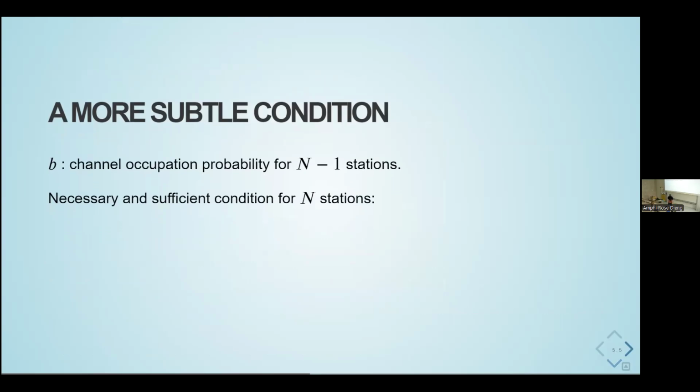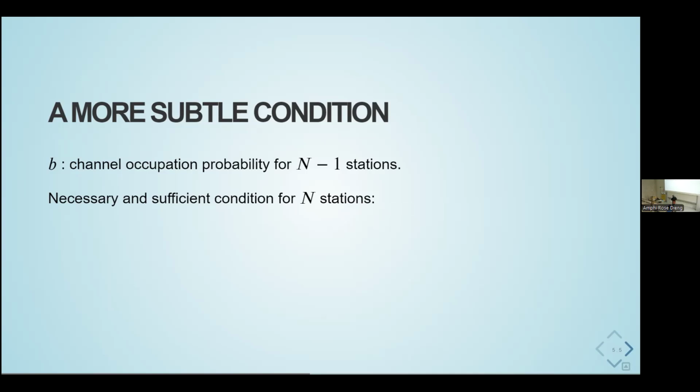Can we do something more subtle, more accurate? To do that, I will introduce a value that we call B, which is the probability that the channel is occupied with transmission or collision, I don't care, for the state with n-1 stations instead of n. This can be computed in theory, especially if the system is stable. It's not as clear if it's unstable, but in practice it can also be estimated if the system is unstable.